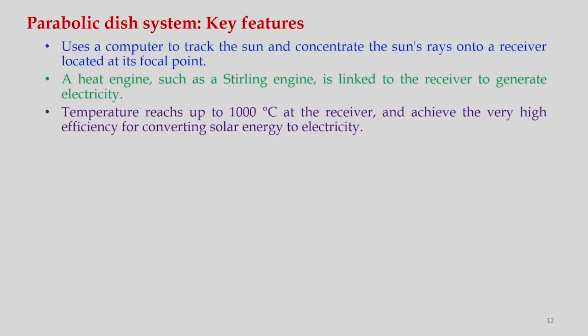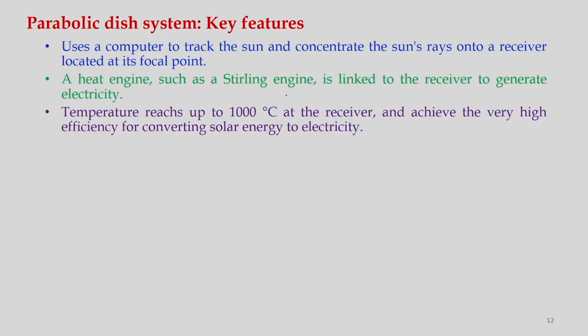Now there are some key features of this technology, like this technology uses a computer to track the sun. Okay. It's a very precision tracking system, and concentrates the sun's rays onto the receiver located at its focal point. A heat engine such as a Stirling engine is linked to the receiver to generate electricity.